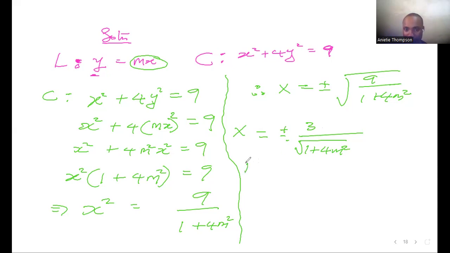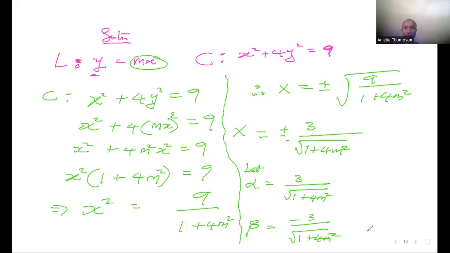So let alpha equal 3 all over the square root of 1 plus 4m squared, and let beta equal minus 3 all over the square root of 1 plus 4m squared. These are the two roots.